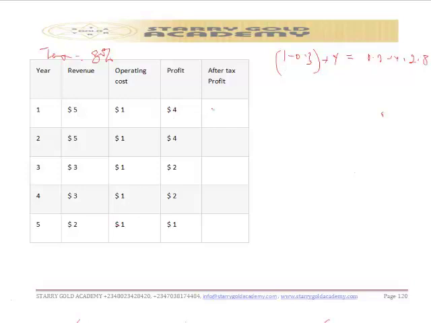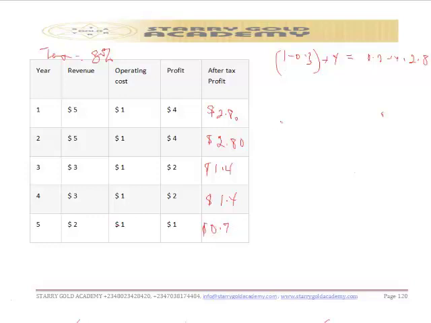So we have $2.8 here. Second year will also be $2.8. Third year will be $1.4. Fourth year will be $1.4, and the last one, which is $1, will be $0.7.